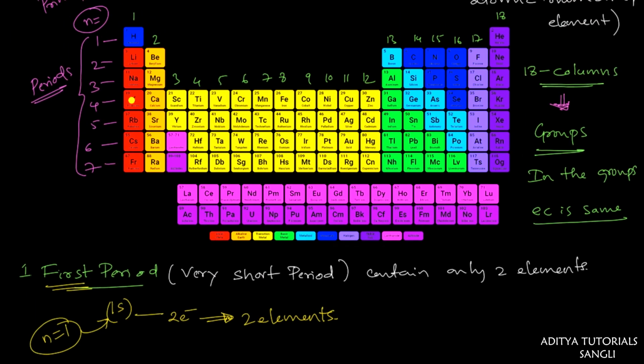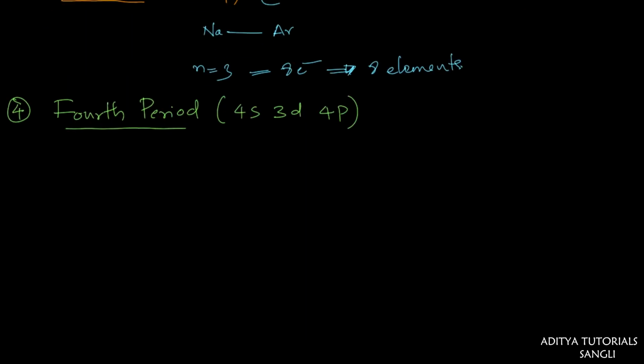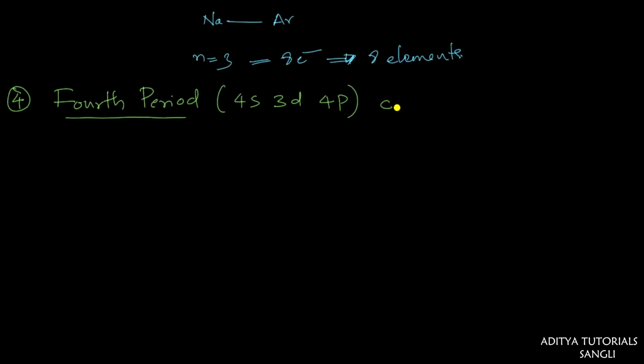It starts with potassium, 1 2 3 4 5 6 7 8 9 10 11 12 13 14 15 16 17 18 elements. There are 18 elements, and hence it is called a long period, because it contains more elements, that is 18 elements.